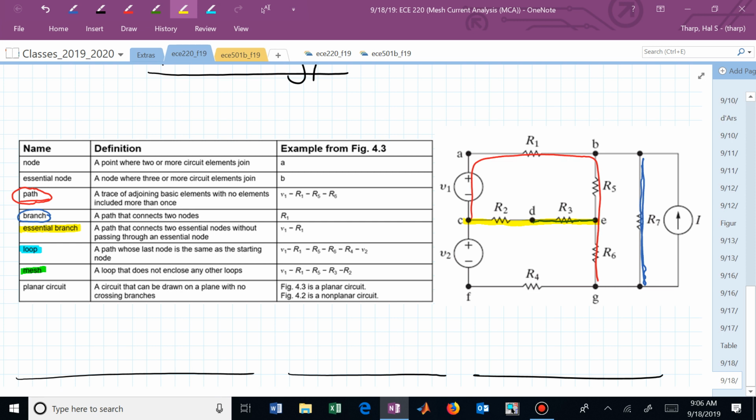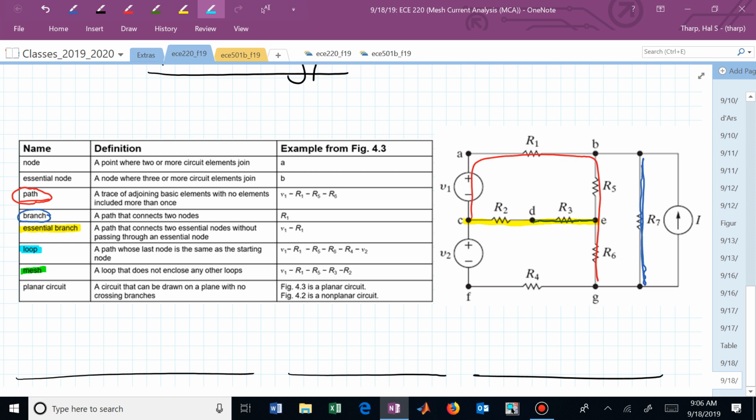Now, the more important pieces of this left column of terms involve the next two, a loop and a mesh. The loop can be bigger, since the loop's on top, think of it as a bigger thing than a mesh can be.